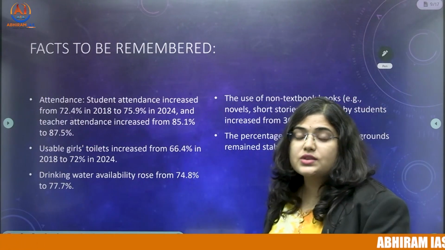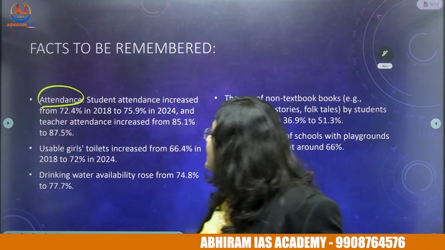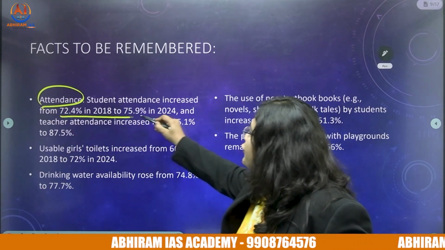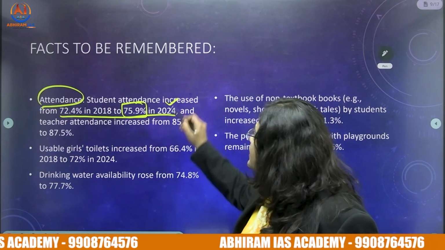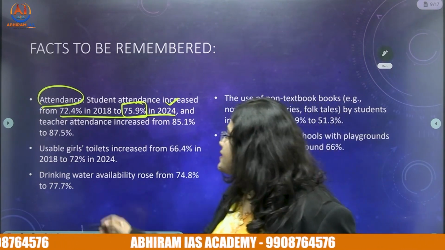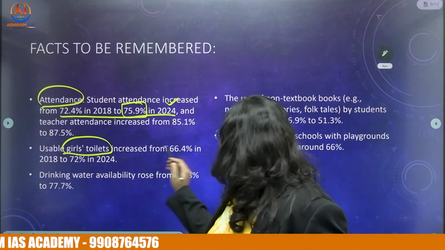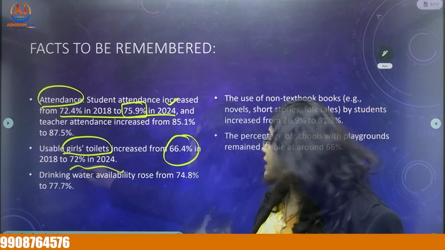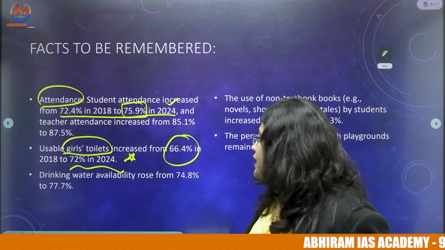Other important facts which are to be remembered are the attendance. Attendance has increased from 72.4 in 2018 to 75.9 in 2024. Next, girls' toilet usability has also increased from 66.4 to 72% in 2024. So this is also a good significant change.